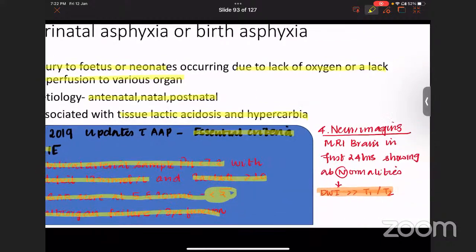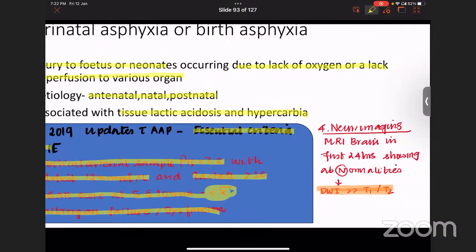And the last is important in your OPGI 9th edition or your classes also, they would have said that it is your brain: abnormal brain examination, like an increase in tone, altered sensorium, or convulsion or seizure.